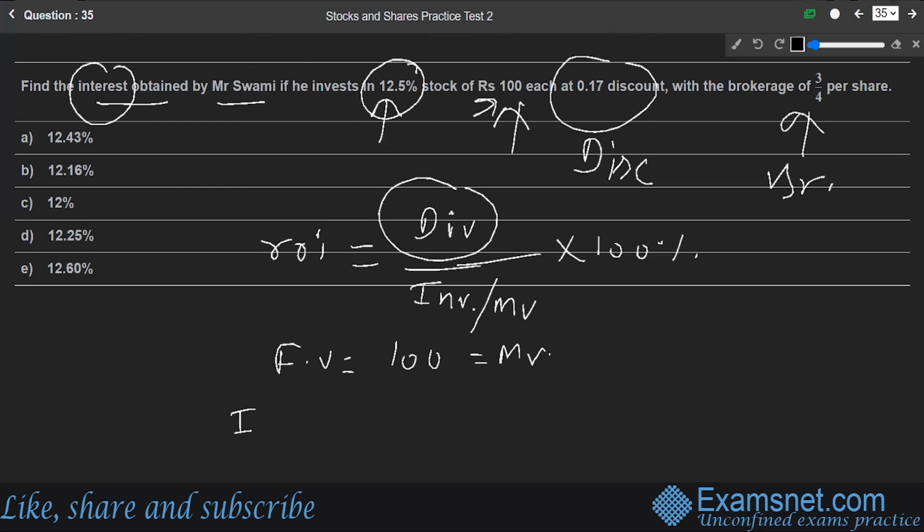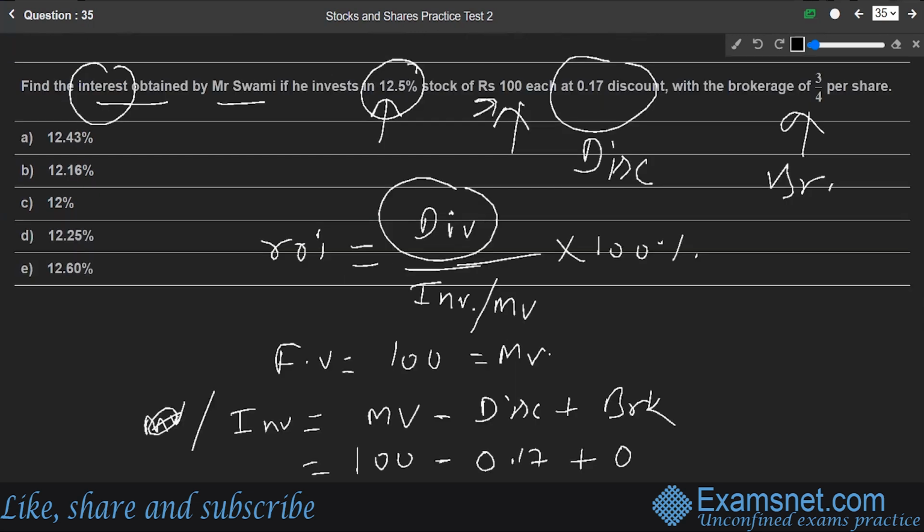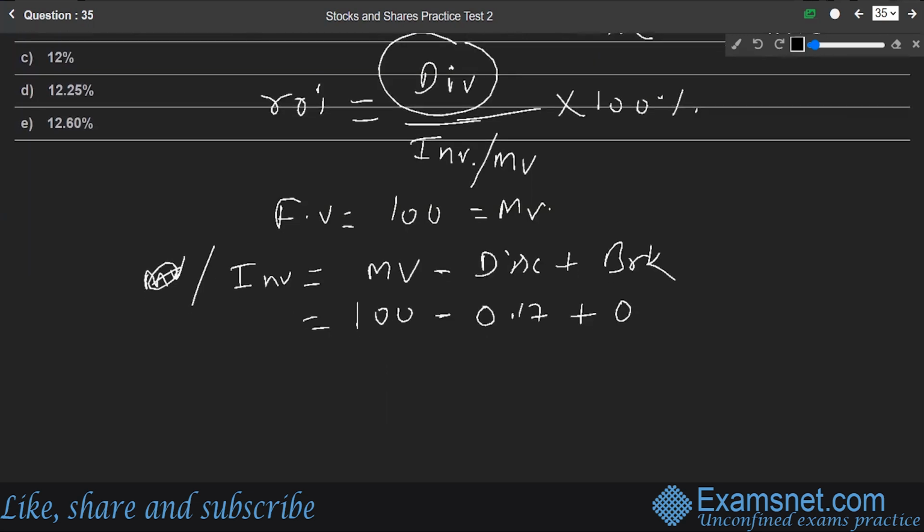So now let us find out the investment. Investment can be given simply as the market value minus the discount value plus the brokerage value. This is the value of investment that we can find out. We can call it market value also. So let us find out that value. So it is nothing but 100 minus discount value 0.17 plus brokerage value 3 by 4. 3 by 4, if we take that as a percentage, is nothing but 0.75, that is 75 over 100.